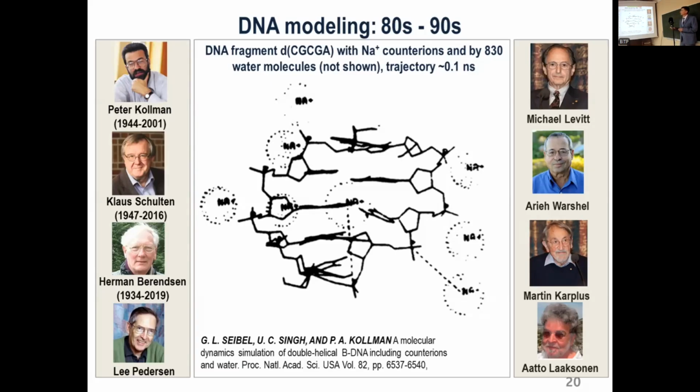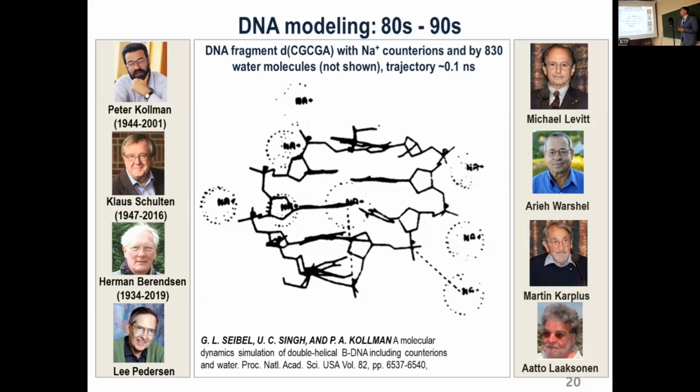I mean, there are some water molecules around, there are some ions. This system is not so large, only 5 nucleotide pairs, but we have 830 water molecules, a very short trajectory, but we also have ions, and this is a system which is very, very close to reality.